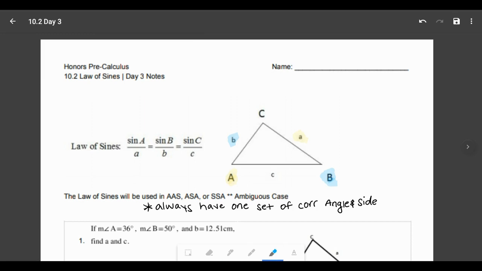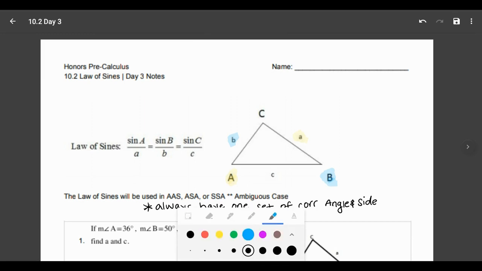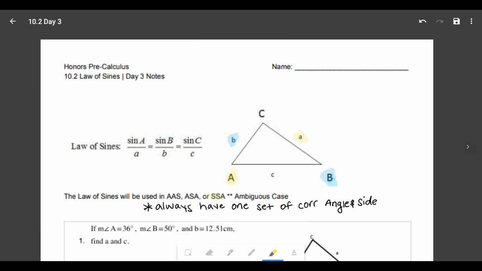Now, what's special if I'm taking a look at side, side, angle in our notes, there's this ambiguous case.